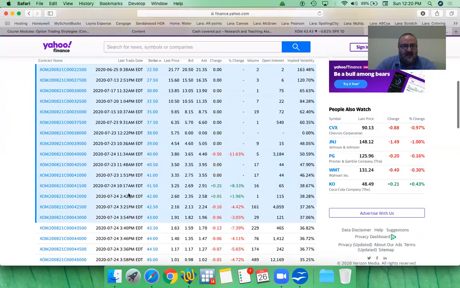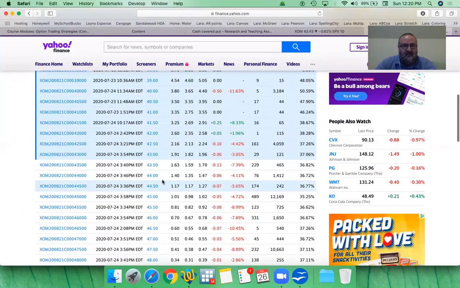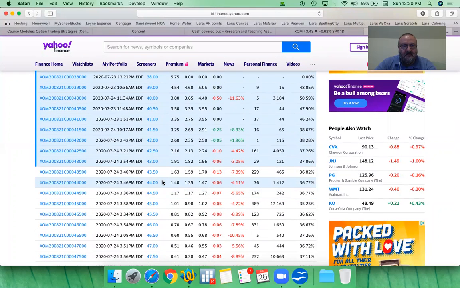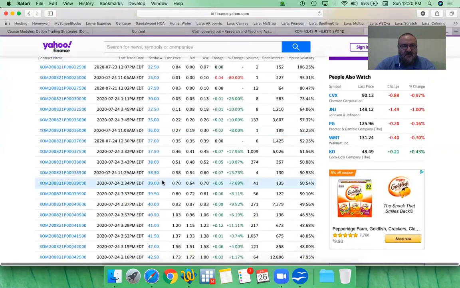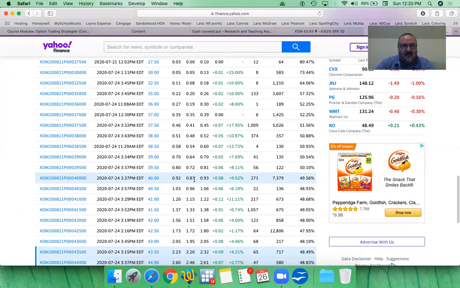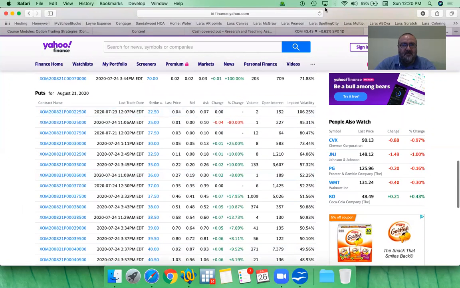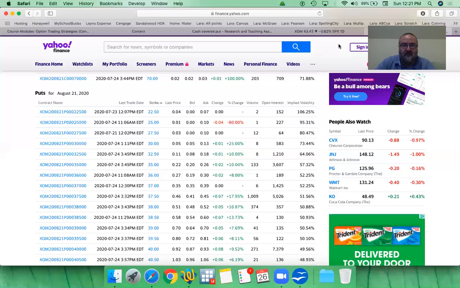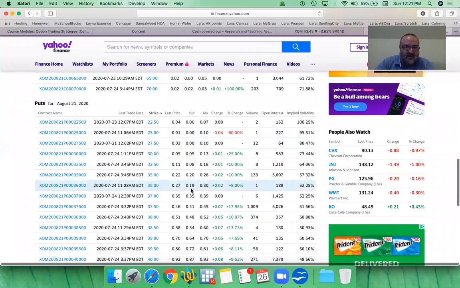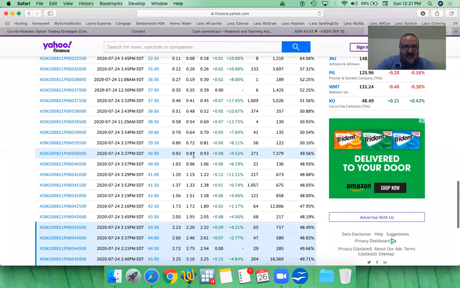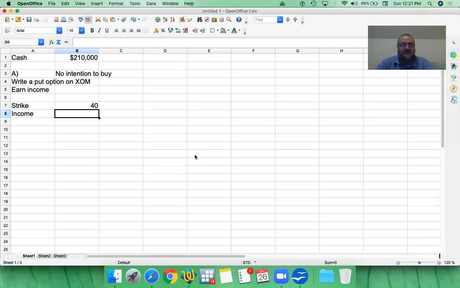And if you look at the cash covered put at 40 for 1 month out, this is the bid column, and since we're writing it, we're going to look at the bid column, and that's 87 cents.